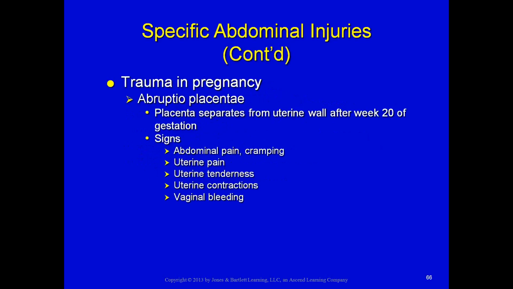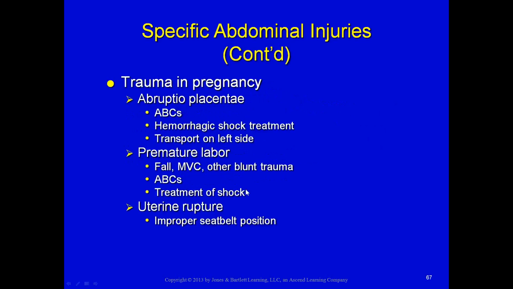The patient's going to have abdominal pain, cramping, uterine pain, uterine tenderness, and may go into premature labor and develop uterine contractions. And any sort of spotting or bleeding is really suspect for abruptio placenta.